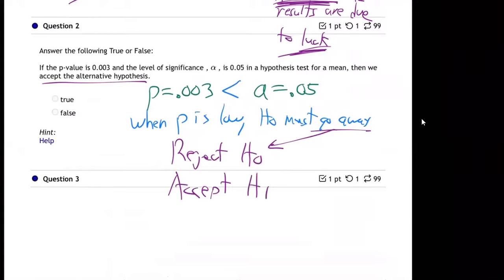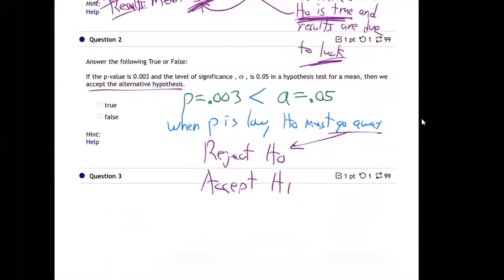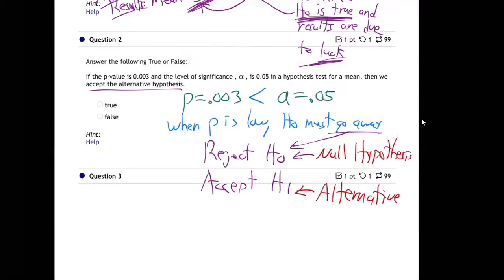This one is called the null hypothesis. This one is called the alternative, because it's the other option. So we have the null hypothesis and the alternative. So is what they said true?